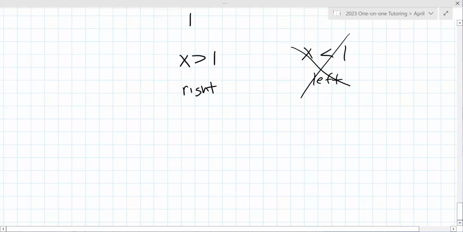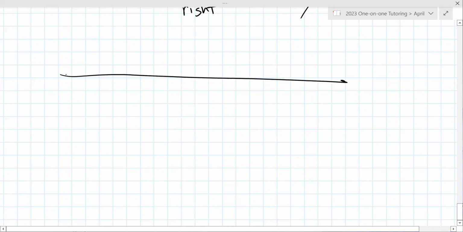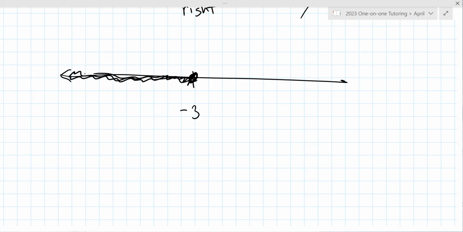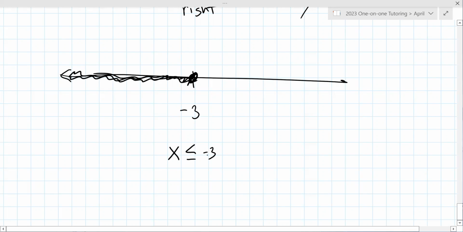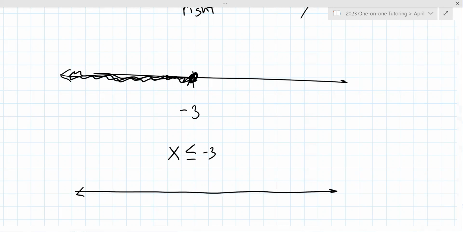Let's try another one here. X is less than -3, or less than or equal to -3. Good. All right, let's do another one here.